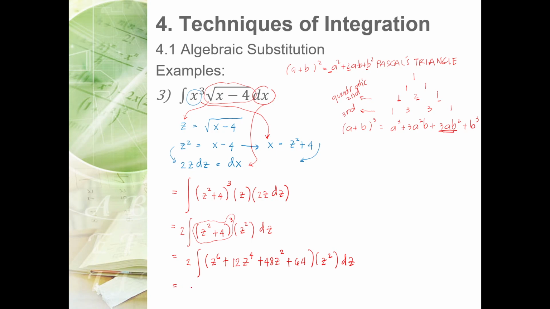So multiplying z squared to further expand the equation, this would give us z to the power of 8 plus 12z to the power of 6 plus 48z to the power of 4 plus 64z squared, and then dz.